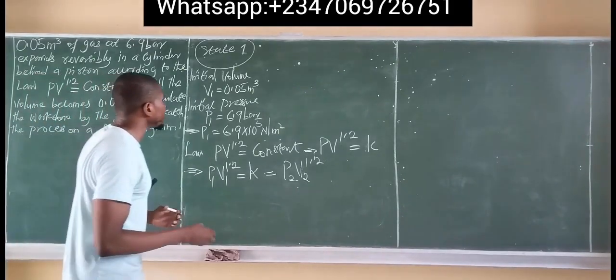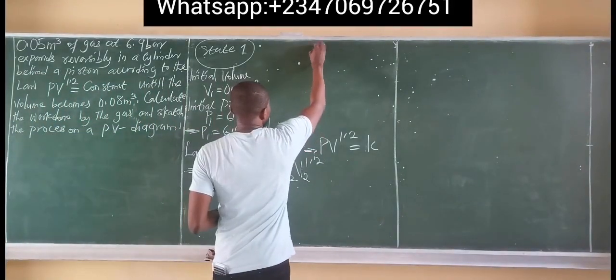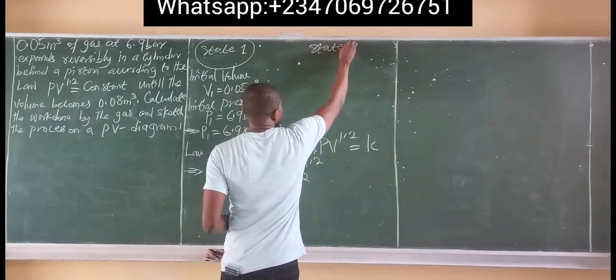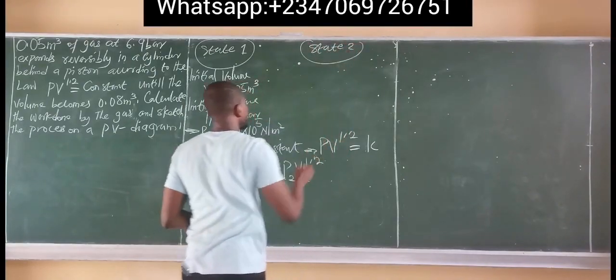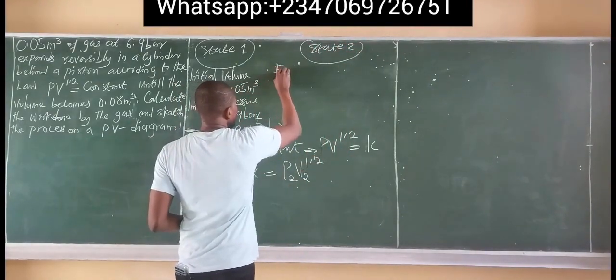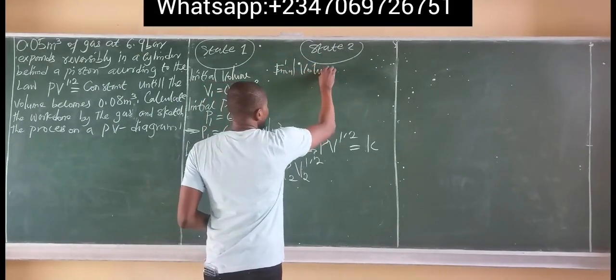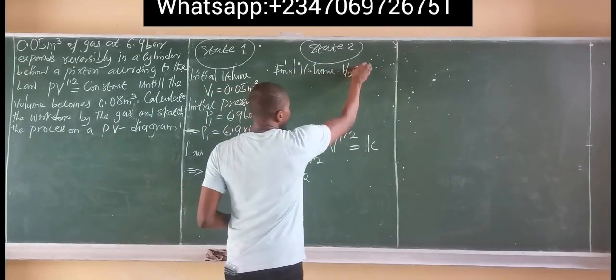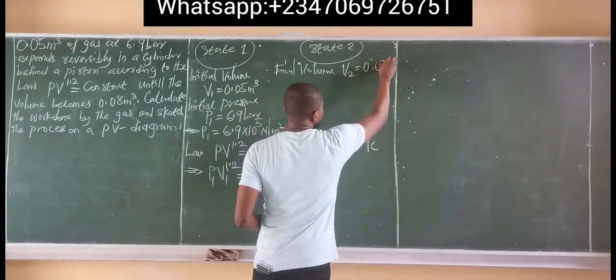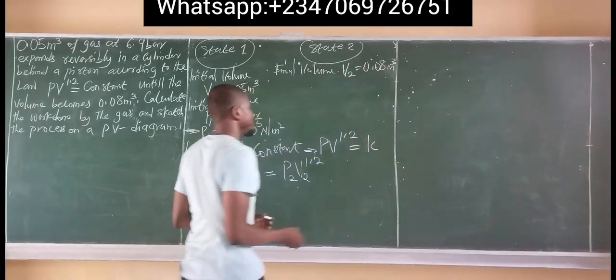Okay. So the condition at state 2 now. Conditions at state 2. Final volume V2 is equal to 0.08 meters cube.